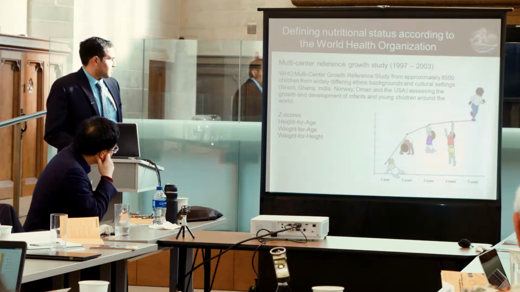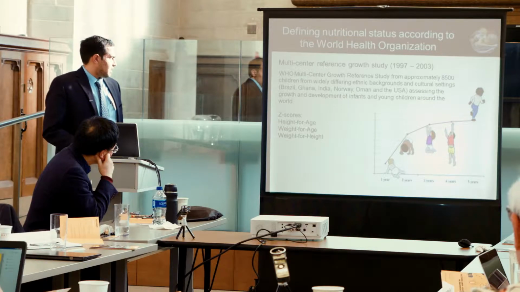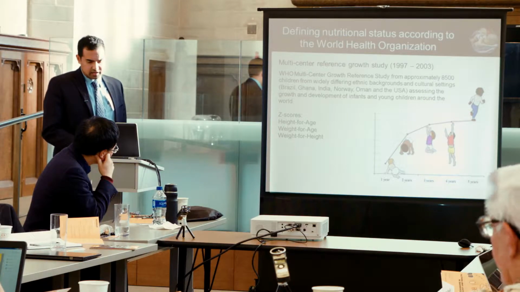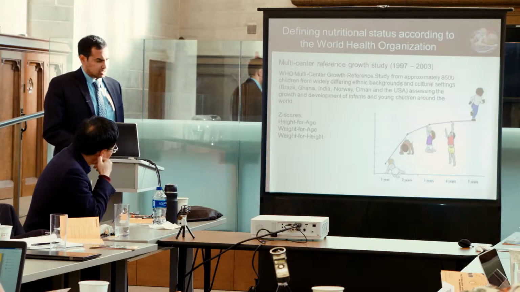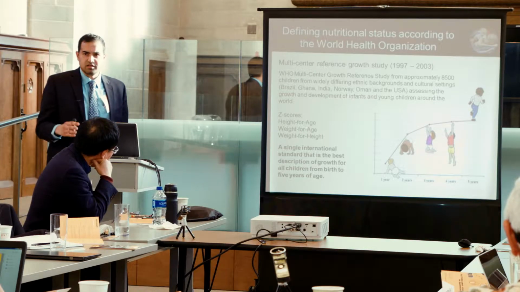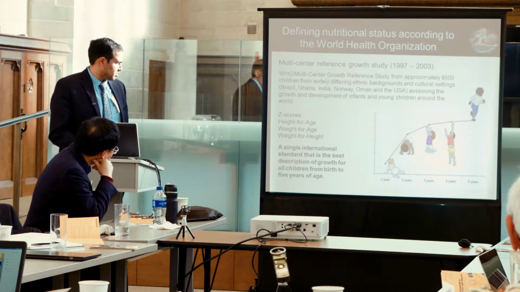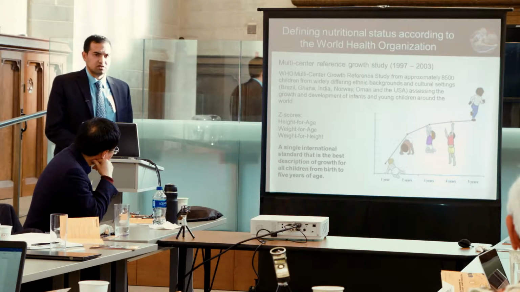They picked 5 countries, actually 6 of them, from many different cultures, mostly like income that was above the poverty line, in about 8,500 children. And they came up with a single standard that everyone uses in every clinic, particularly in the developing world, to provide a good description of where a child stands in.